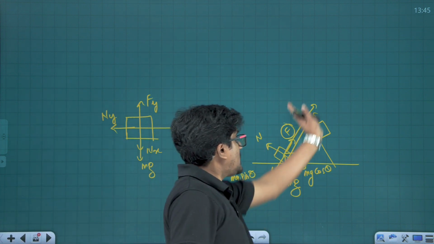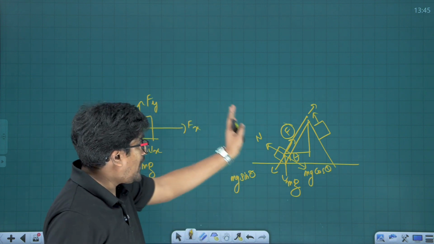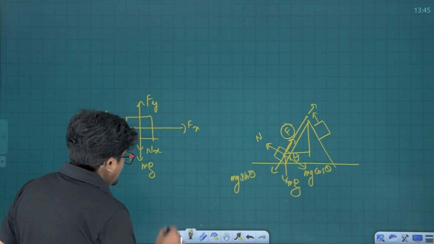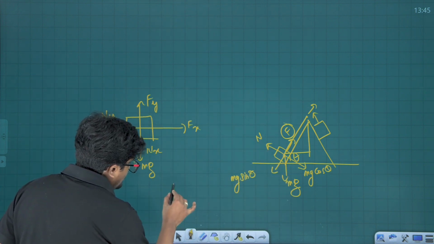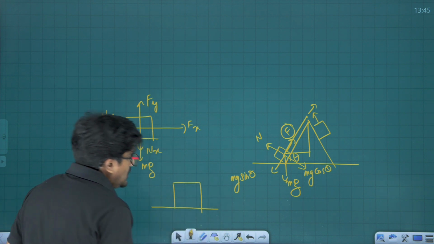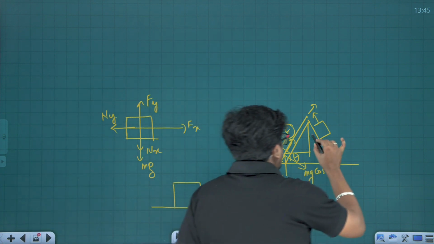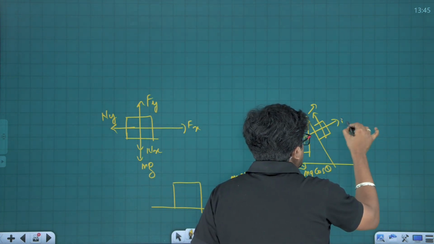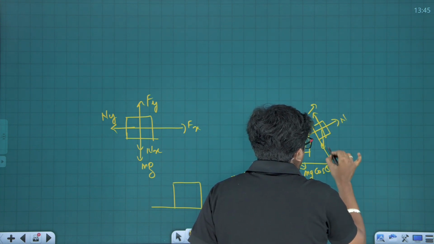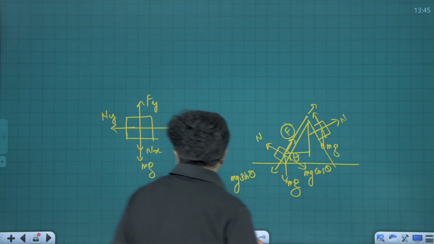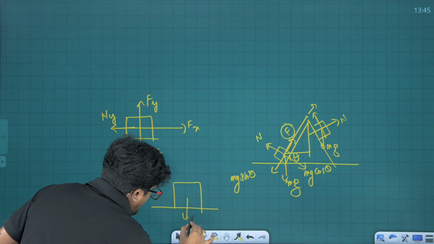If I consider the motion in the upward direction, and while coming down, the forces are acting in this way. The normal reaction in this direction, F in the upward direction and mg like this. So mg remains as it is.